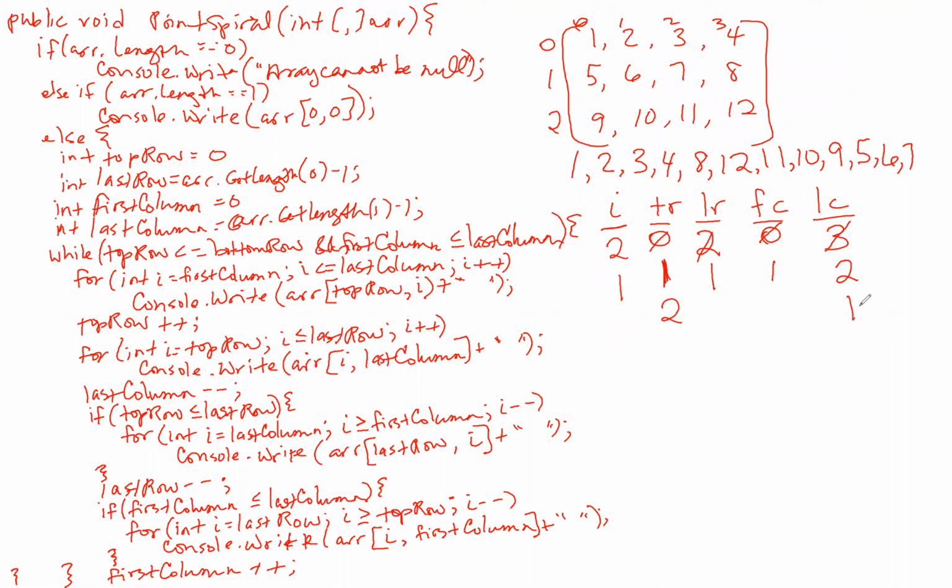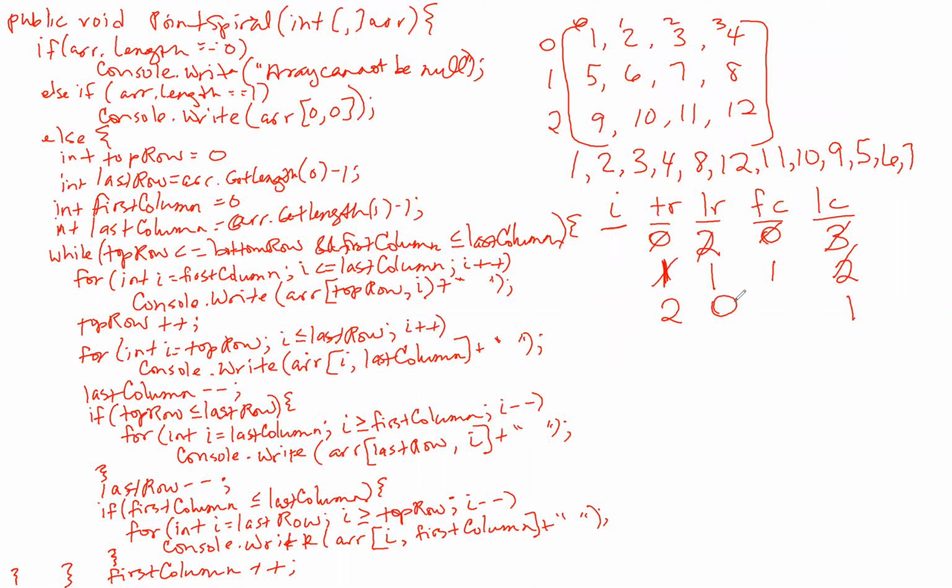Now, let's cross those out just not to be confused, and so if top row is less than or equal to last row, so if top row is 2 and it is less than or equal to the last row, which is 1, we could go, but this is not the case. So we skip this. We do last row minus minus, last row is 0.